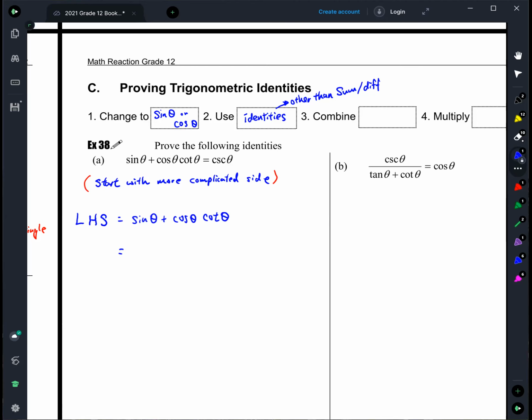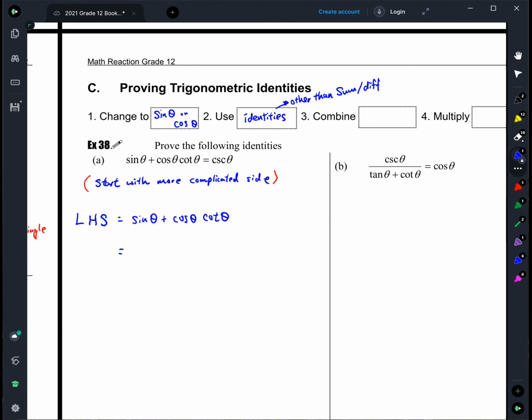Which one is not sine or cosine? Evan? The cotangent. Yeah, okay. Do you have any identity that has to do with cotangent? Any cotangent identity that comes to your mind?